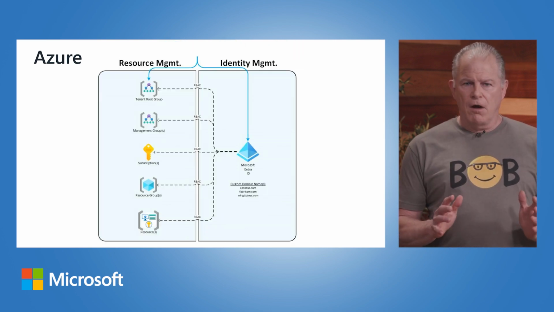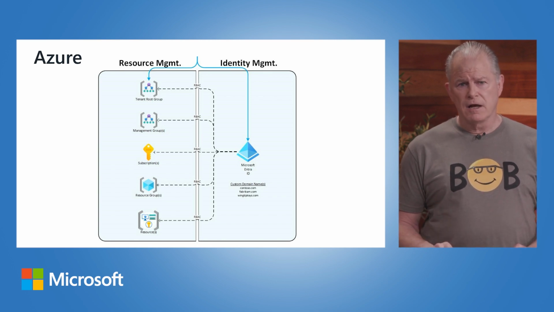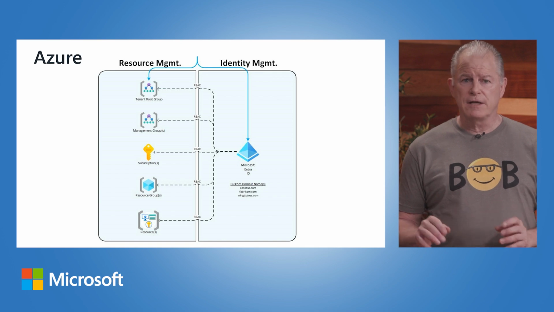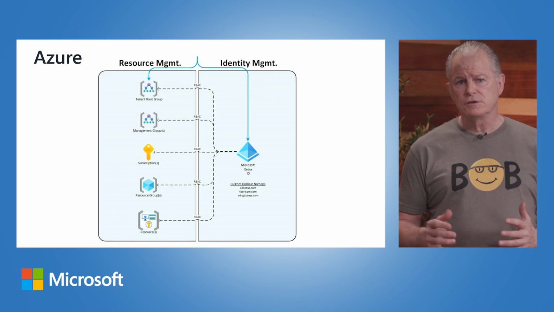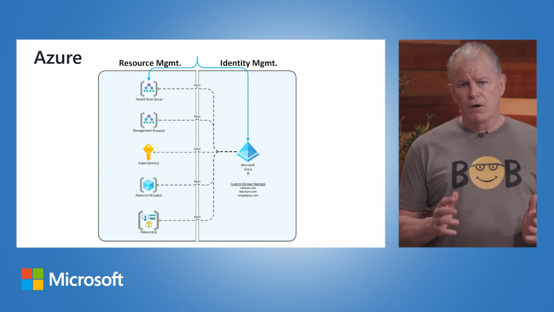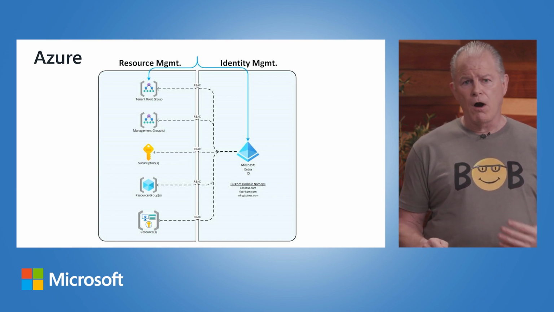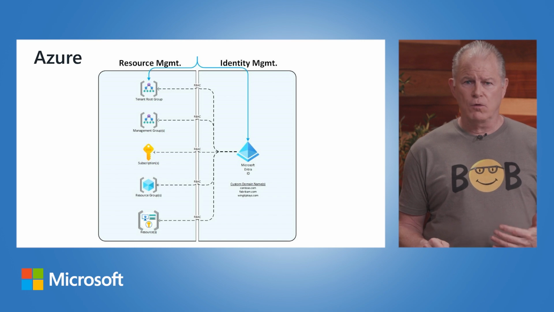When we focus in on the identity management as the right-hand portion of the slide that you're looking at right now, it is going to provide the authentication and authorization using these new protocols of OpenID and OData. OData is going to grant you access. Once you've been authenticated, we use a term called RBAC, or role-based access control, that will grant you permissions to the resource management that you'll see on the left-hand part of the slide.